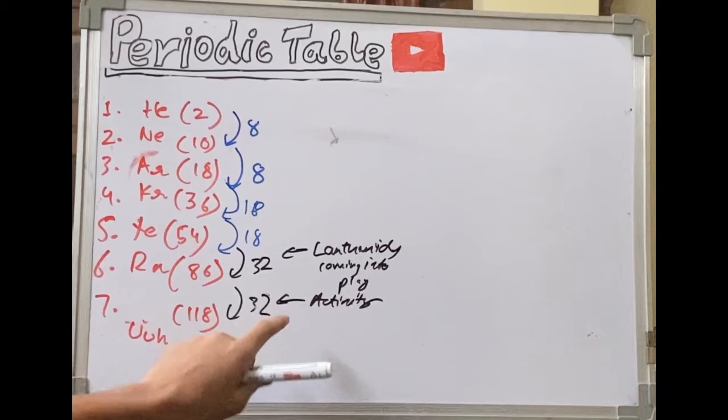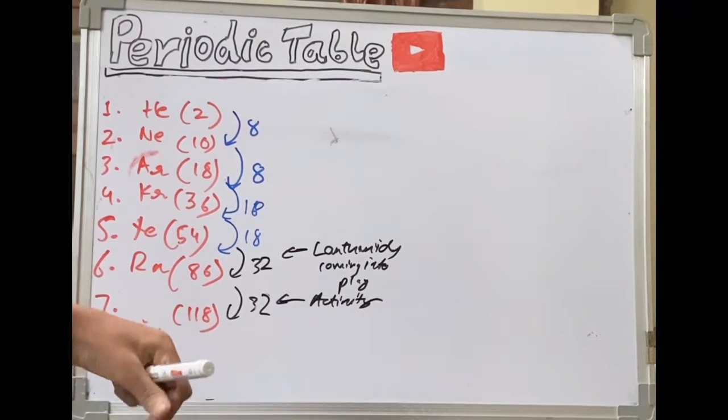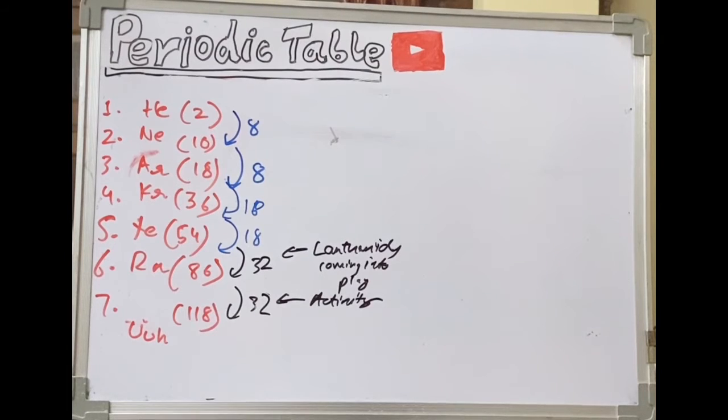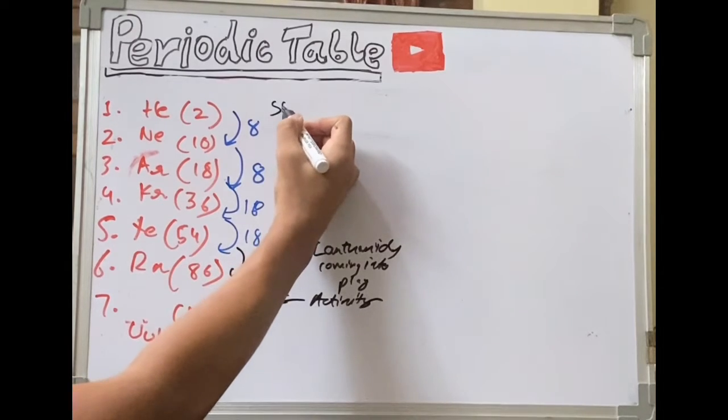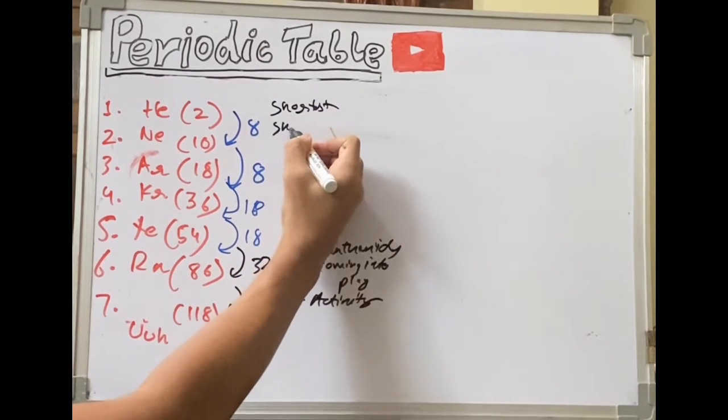So you completely understood the logic behind this, right? Because of the lanthanides and the actinides, there are 14 extra elements. And you can say that the 6th and the 7th period are the longest ones because of lanthanides and actinides. Then the first period is the shortest, then period 2 is shorter, period 3 is shorter again because they can only accommodate 8 elements, and from period 4 the D block elements also start coming into play, so it becomes long.